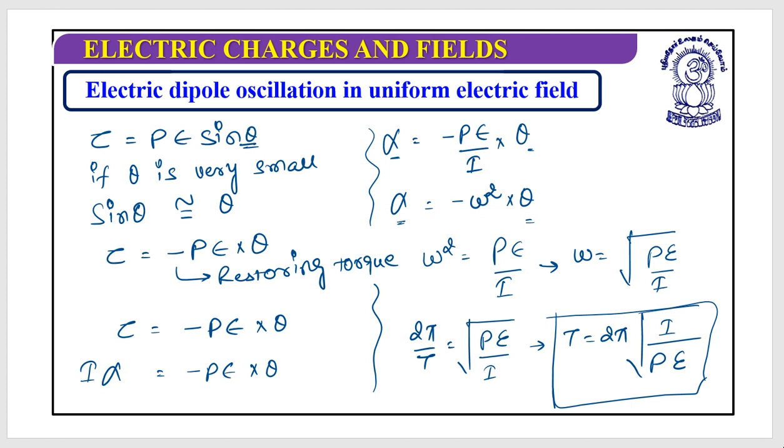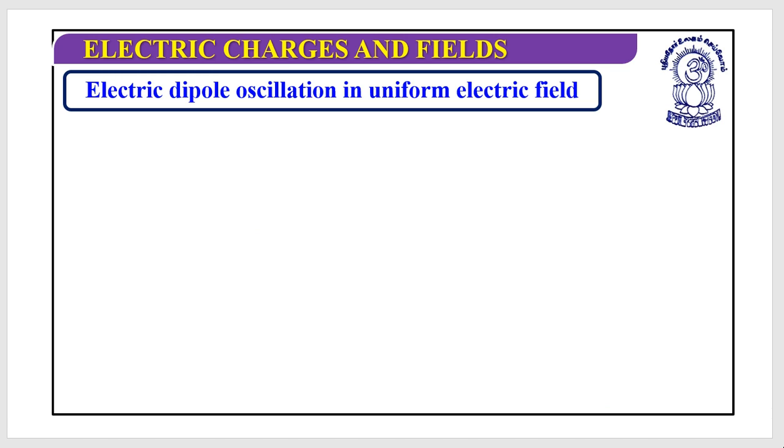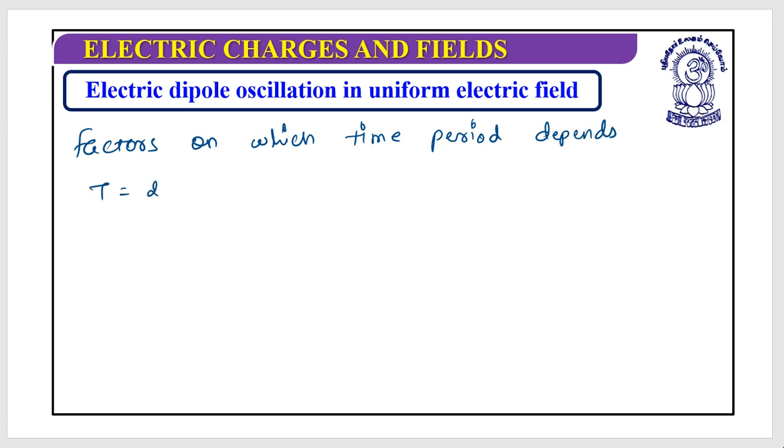Okay, so let's check this very quickly: factors on which the time period depends. Very small kinds of questions can be asked. The relation is T equals 2 pi under root of I by PE.